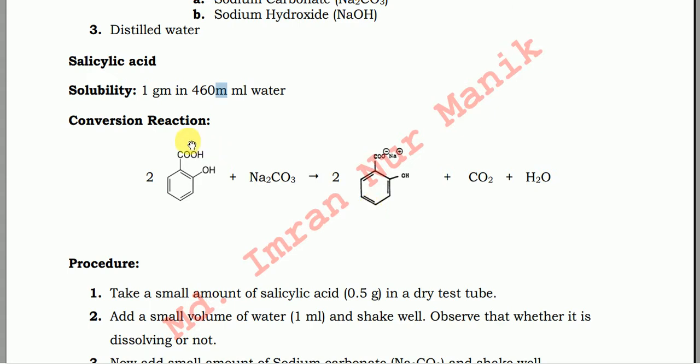As our title indicates, we have to convert some sparingly soluble or insoluble substance into a water soluble form. We will take salicylic acid, which is slightly soluble in water, and when we react it with sodium carbonate, it will produce a salt known as sodium salicylate, which will become solubilized within a very short period of time.